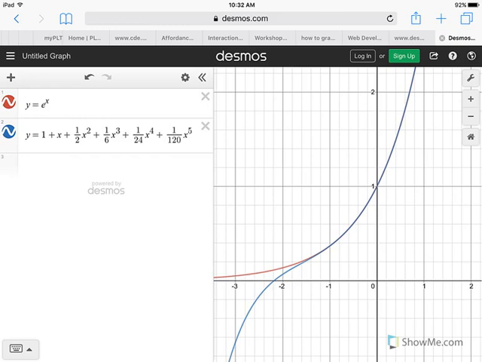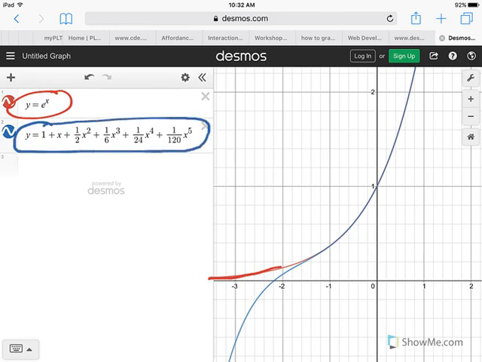To help you understand the idea visually, I have gone ahead and graphed the function y equals e to the x, which is in red, and I have graphed the fifth degree Taylor polynomial centered at 0 that approximates f of x equals e to the x. And you can see that the graphs are virtually indistinguishable for values of x that are close to the center of the approximation.